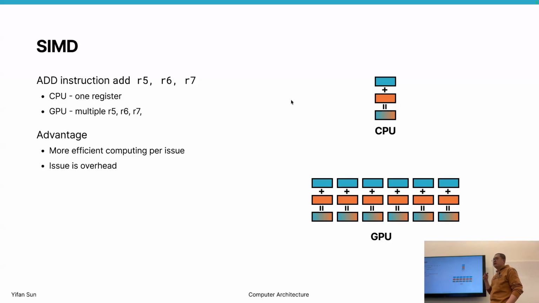The advantage for GPU is that it's more efficient in terms of computing. Think about the issuing process. Issuing decides which instruction to run, and it's actually quite complex because we need to load the instruction from memory, then decode it and decide which to run.